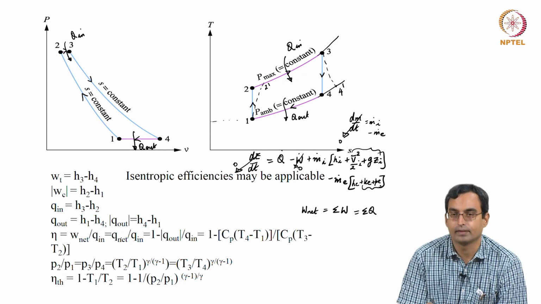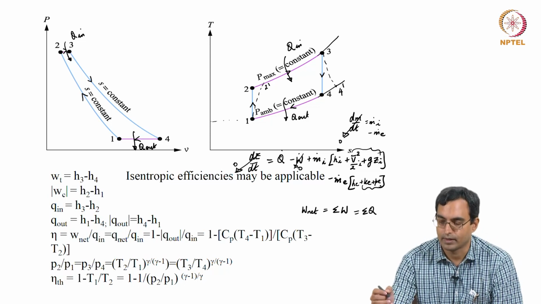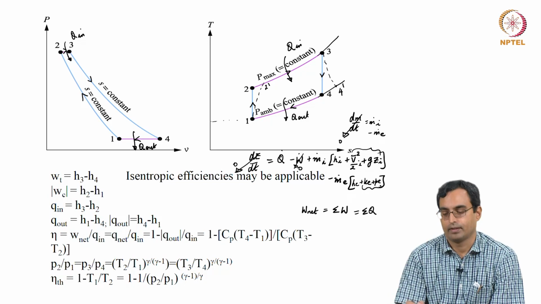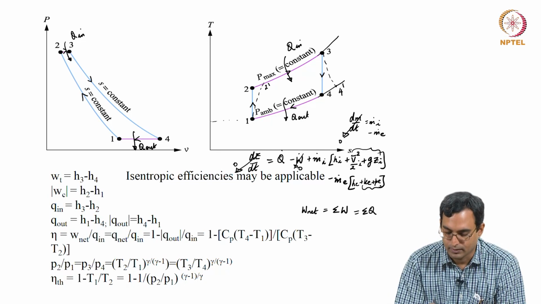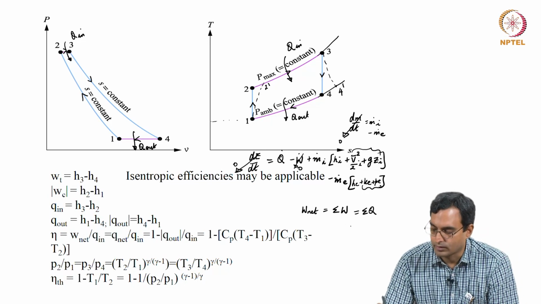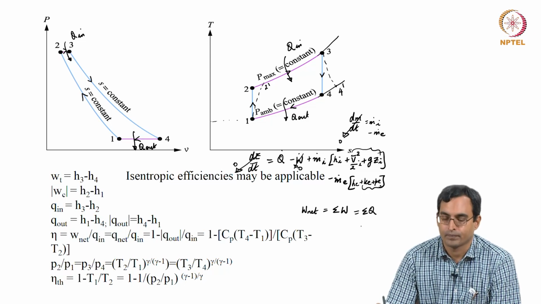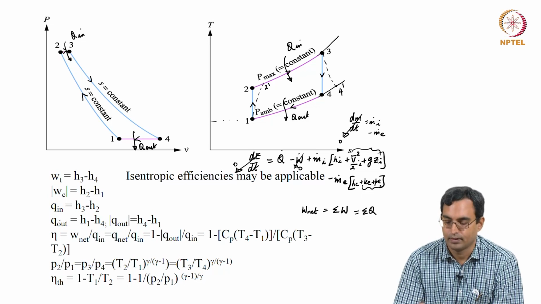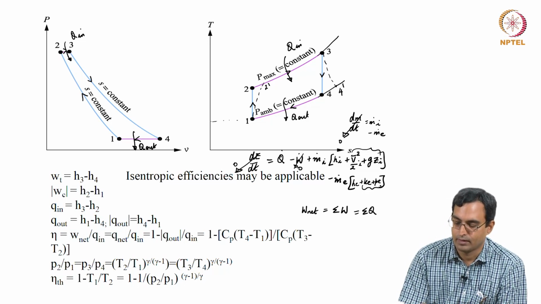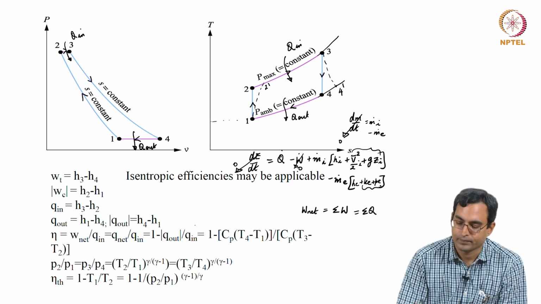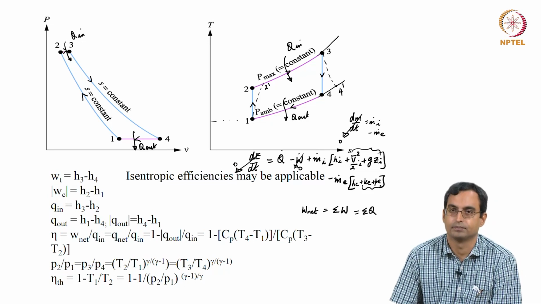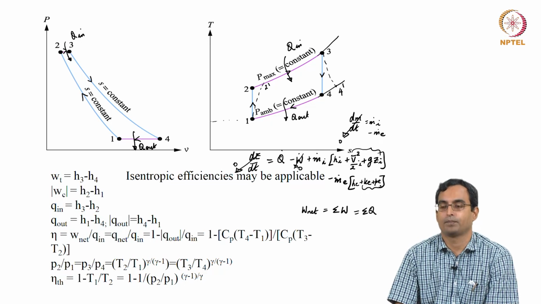We can also write this heat input is what we are giving in process 2 to 3, the same way we have been writing earlier. So, Q net is actually sigma of all Q, but we know that Q in is positive, Q out is negative. So, we can write this as Q in minus mod of Q out divided by Q in, and when you divide by the Q in, we get 1 minus Q out by Q in. So, that is also something which we get.